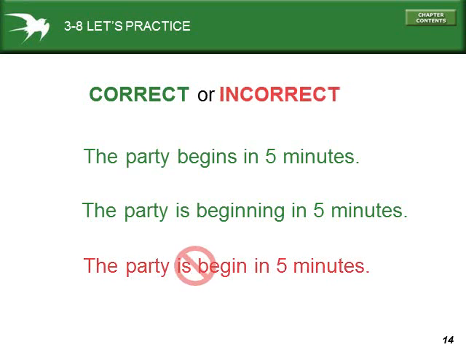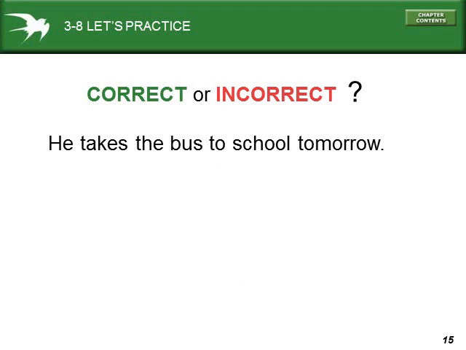Why? Because this form does not exist in English. "Is begin" is a mistake that is very common for ESL students because I believe it's just a translation error. But this form just does not exist in English, so it's never going to be right.